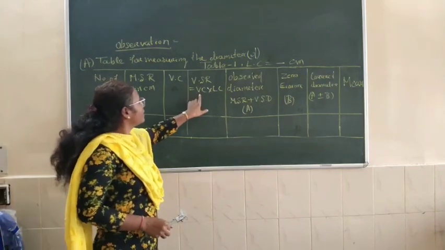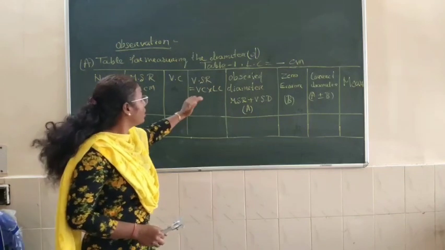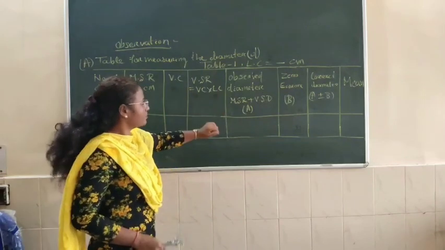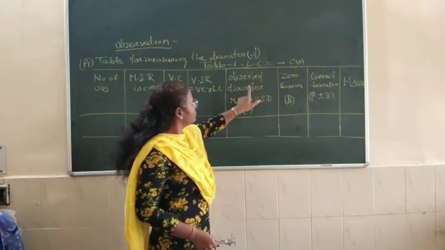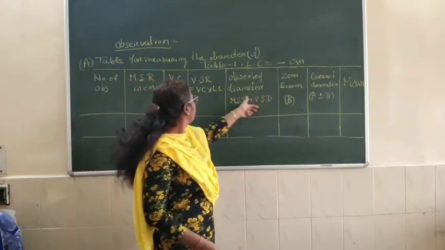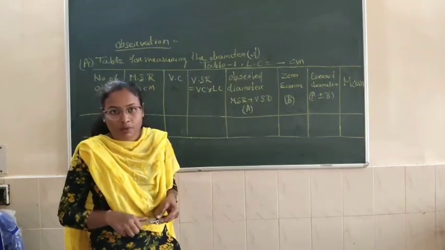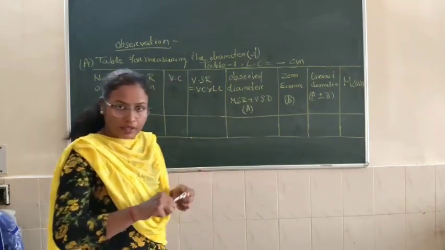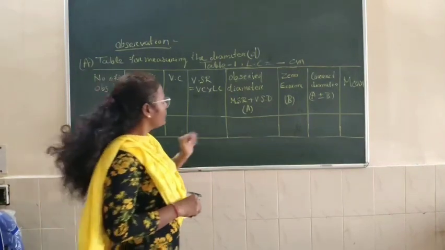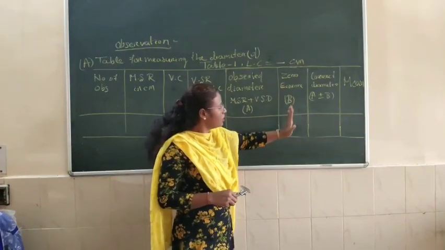Then you need to find the VSR, vernier scale reading, which will be the multiplication of the vernier coincidence and the least count value. Then you have to find the observed diameter, which will be the MSR value added with the vernier scale reading value. Then before doing the experiments, as I have said, you have to see whether the instrument has some zero error. If there is no zero error, this value will be nil.